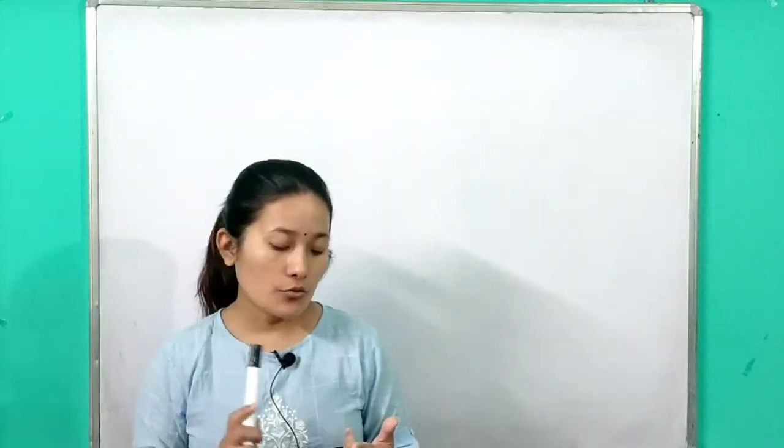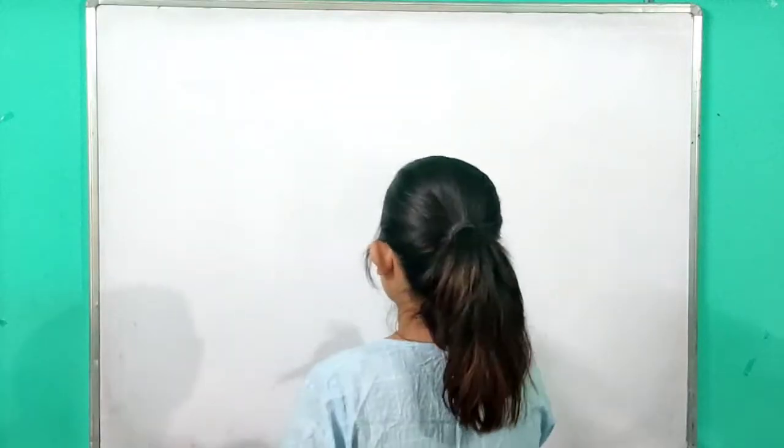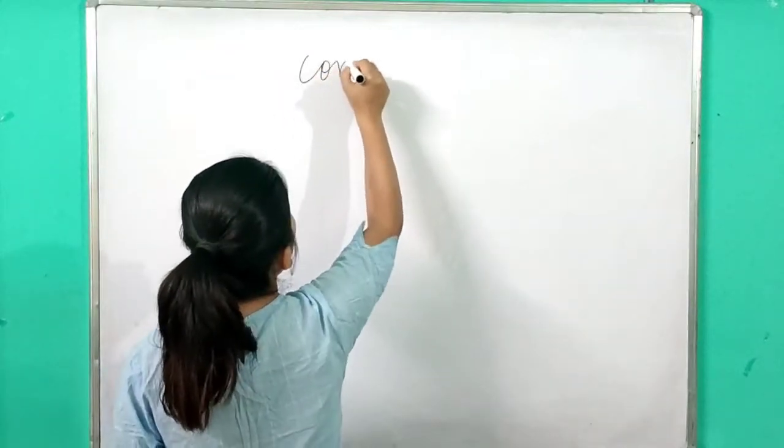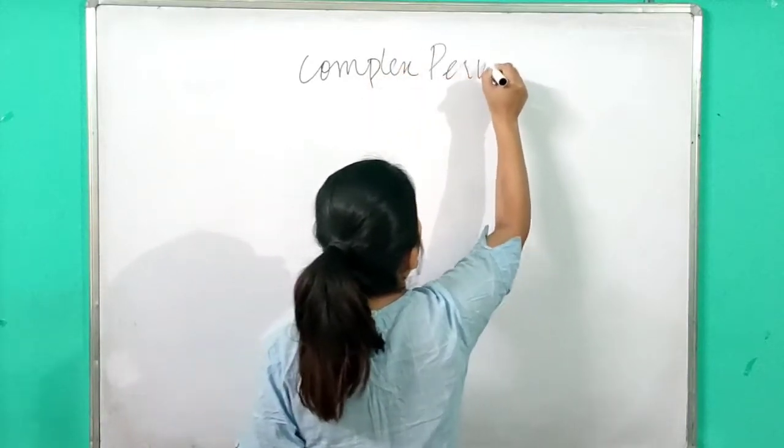Permanent tissue can further be divided into two types, simple permanent and complex permanent tissues. We have already discussed in detail the simple permanent tissue. So today we will be discussing in detail your complex permanent tissue.